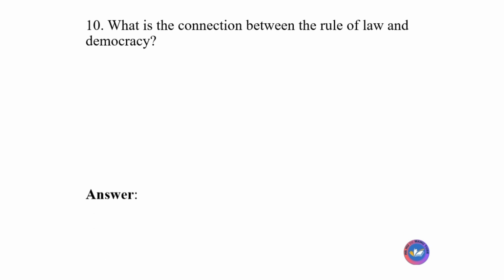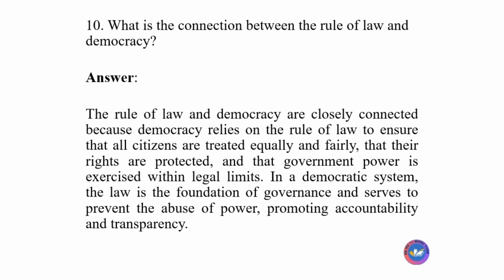The answer is, the rule of law and democracy are closely connected because democracy relies on the rule of law to ensure that all citizens are treated equally and fairly, that their rights are protected and that government power is exercised within legal limits. In a democratic system, the law is the foundation of governance and serves to prevent the abuse of power, promoting accountability and transparency.